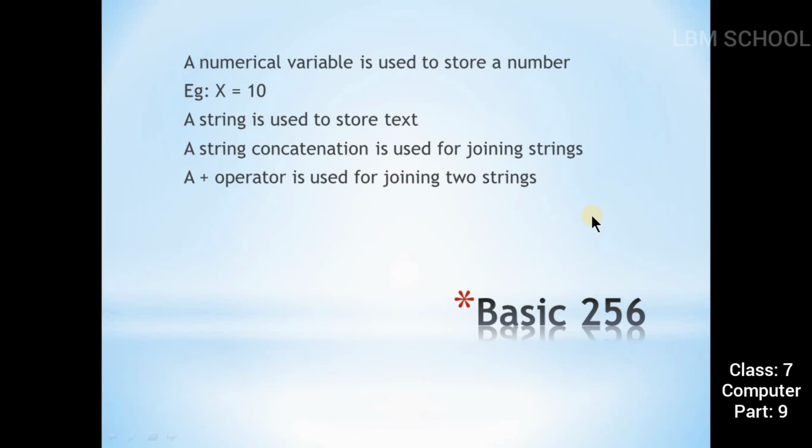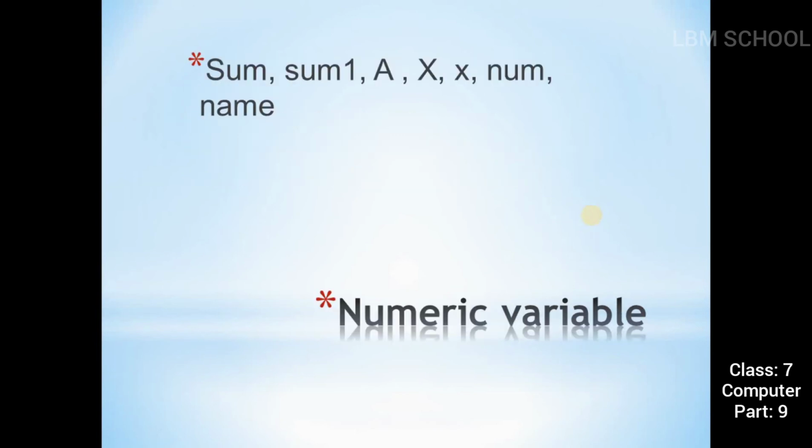What will be the output? The output will join these two strings into a single line. The second string, how are you, will go to the previous line and both will join together. That is called string concatenation. We will learn about it in detail afterwards.